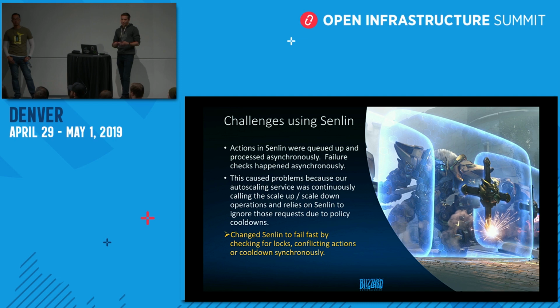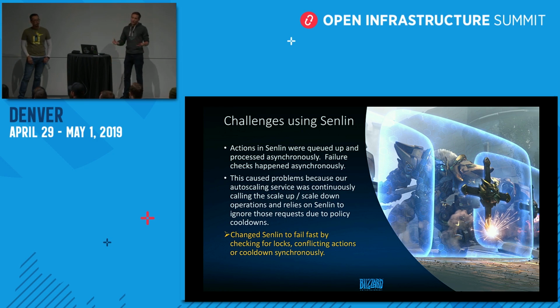So there would be multiple scale up or scale down requests, which would all create either VM create or VM delete actions. And depending on the cooldown or the conflicting actions or the locks that were being applied, we were unsure what was happening until that request failed.